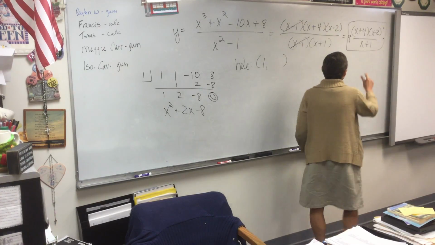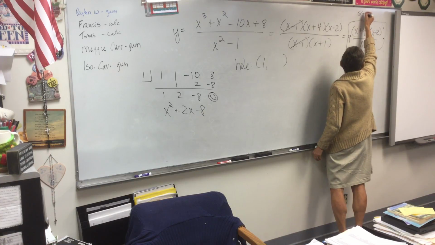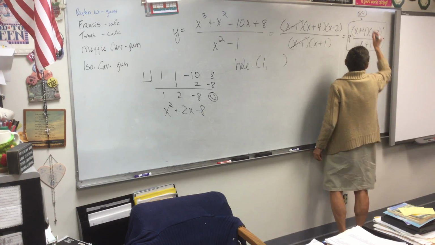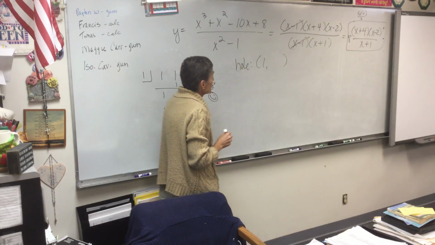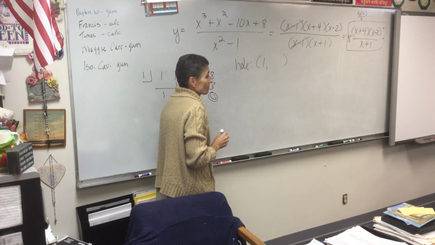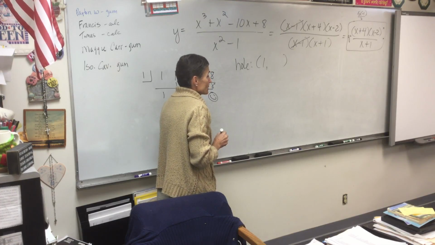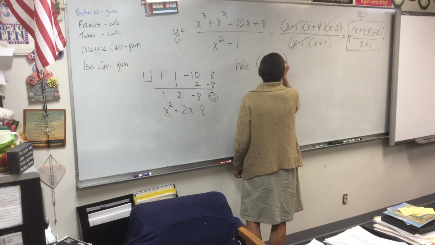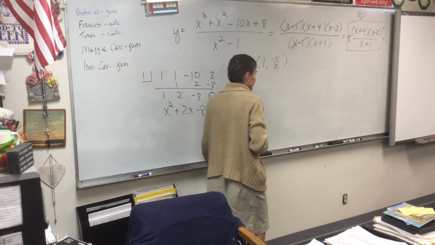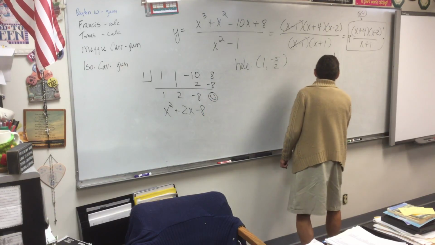So when I plug 1 in the box, I get 5 times negative 1 over 2. Did I do that right? If I put 1 in. So what's my y coordinate of my hole? Negative 5/2. Sketch it right here.